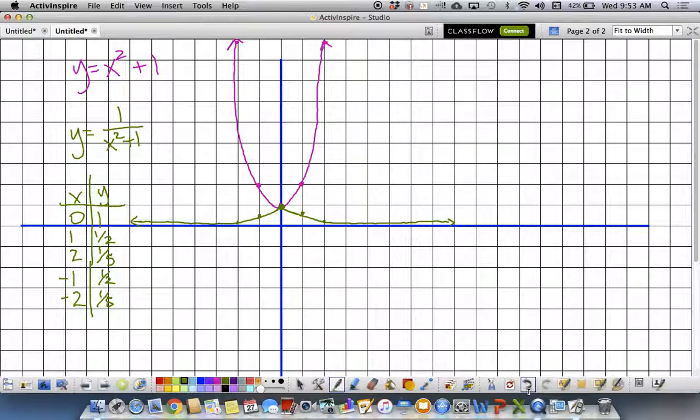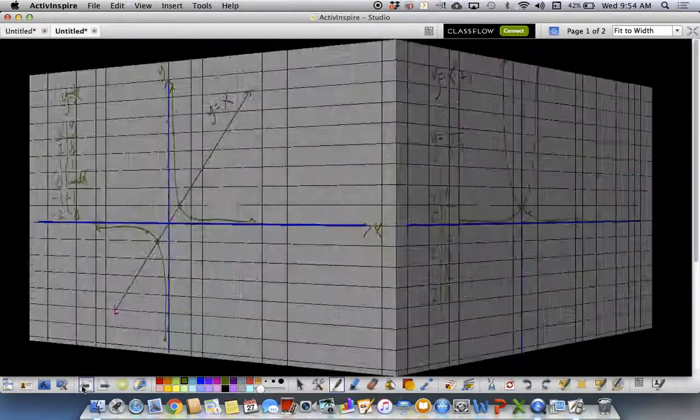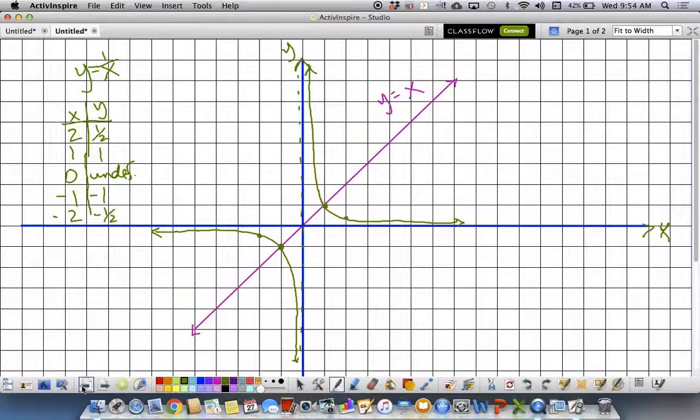So how are you going to know on a test if this line goes like this or not? Well, for the most part, we're going to do them on separate graphs. But something I didn't connect, I'm going to connect on our last one. Where were we the same?